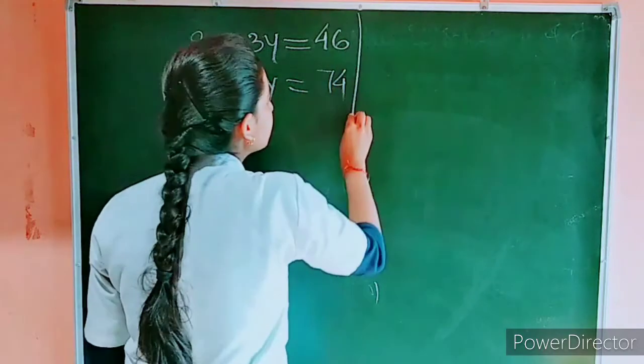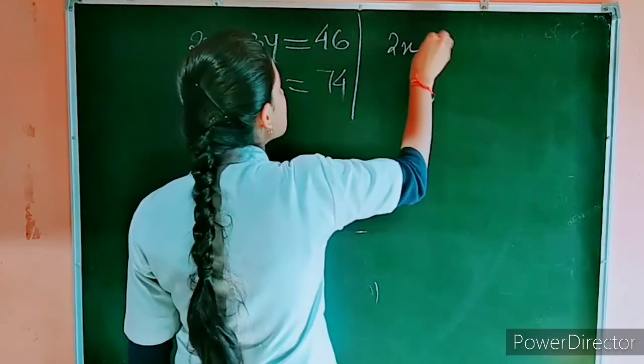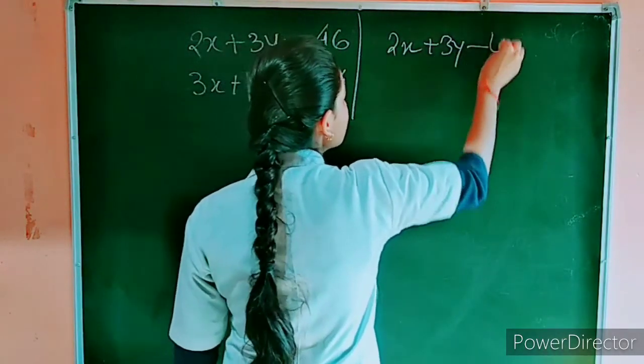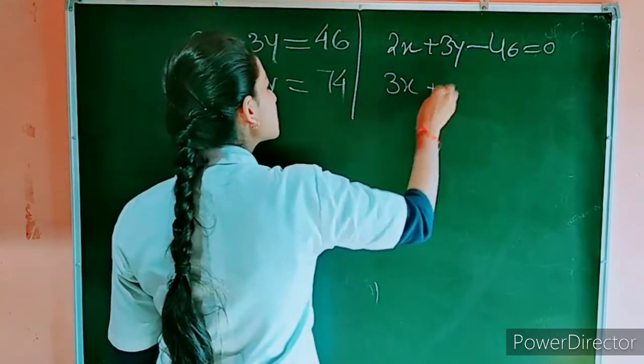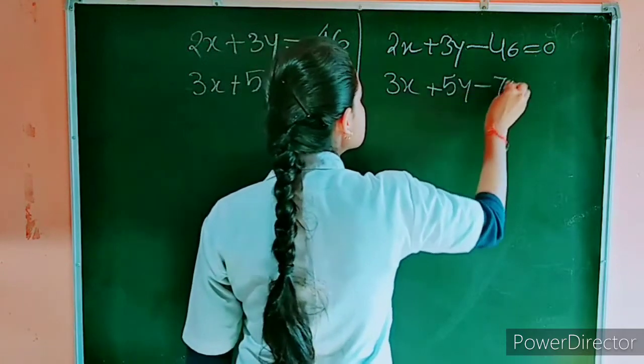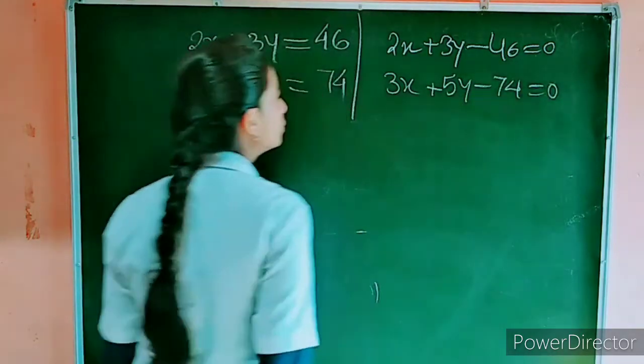So we get 2x plus 3y minus 46 equals 0, and 3x plus 5y minus 74 equals 0.